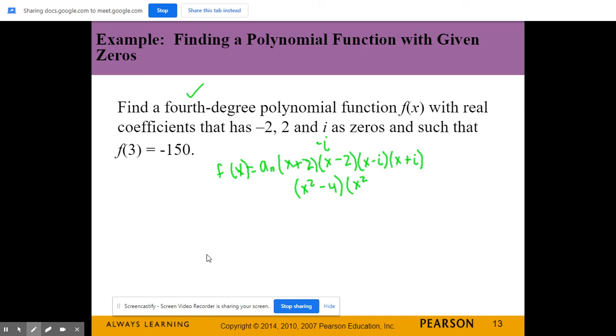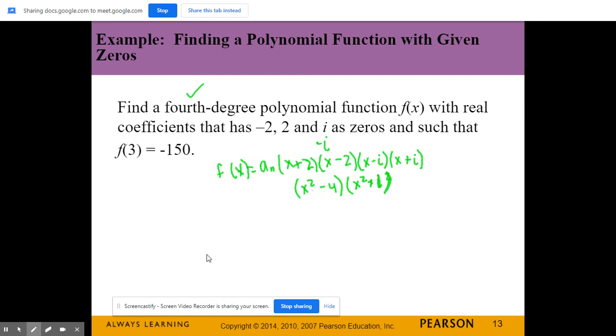So that would add together to 0. And then negative i times i is negative i squared. But remember, i squared is -1, so minus i squared would be minus -1, so really it's going to be plus 1.